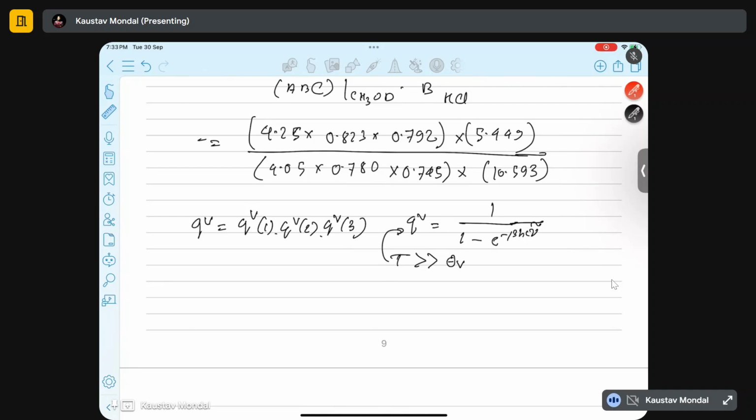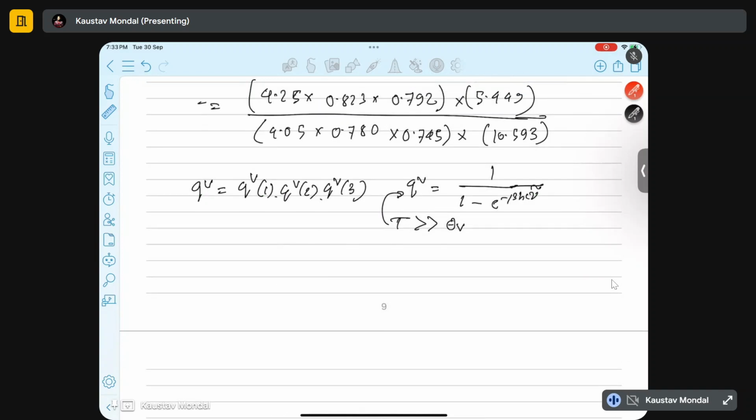Now for this case, we know the number of modes of vibration is given by 3n minus 5 for linear and 3n minus 6 for non-linear molecules.